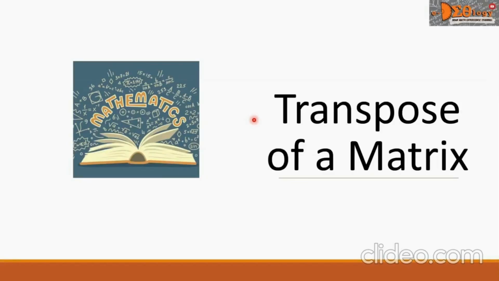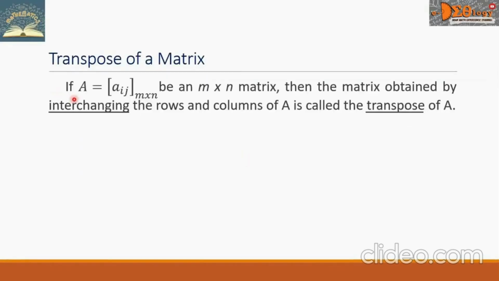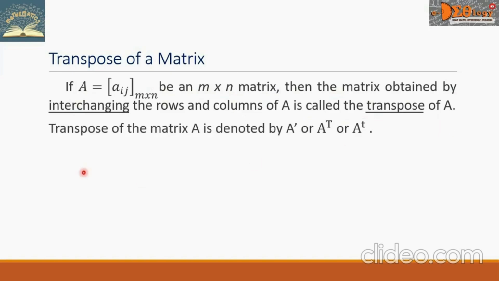Today, we're going to study transpose of a matrix. If capital A be an M by N matrix, then the matrix obtained by interchanging the rows and columns of capital A is called the transpose of A. Transpose of the matrix A is denoted by A apostrophe or A with exponent capital T or A with exponent small t.